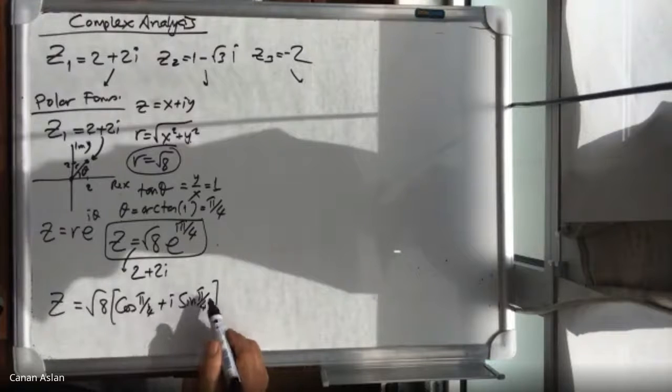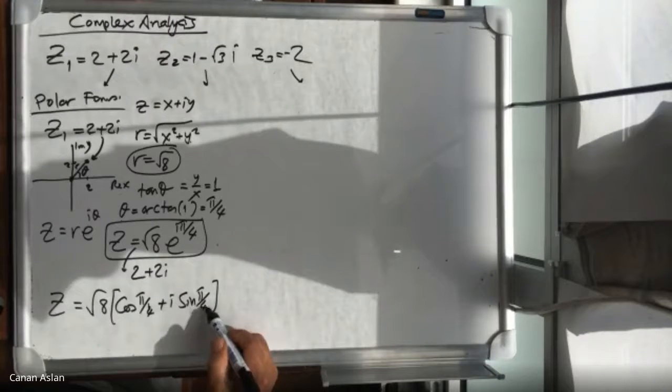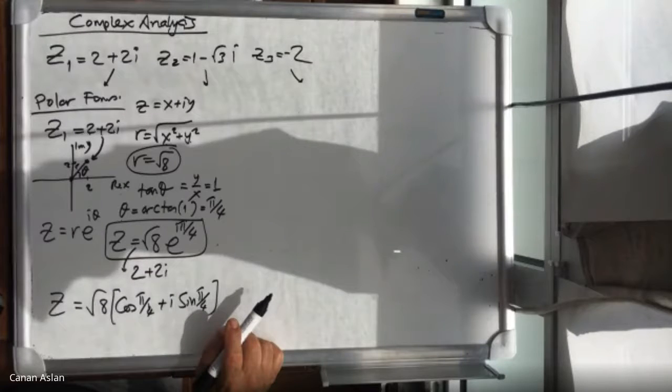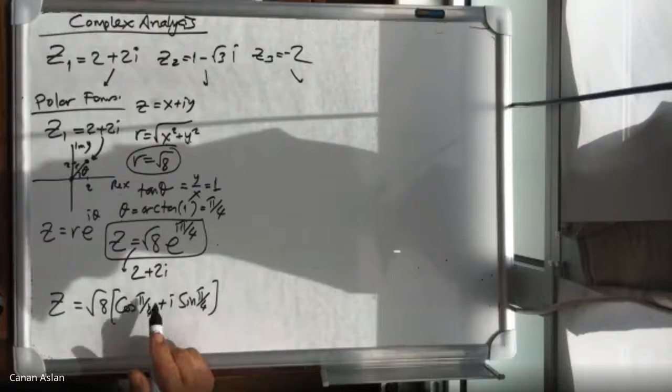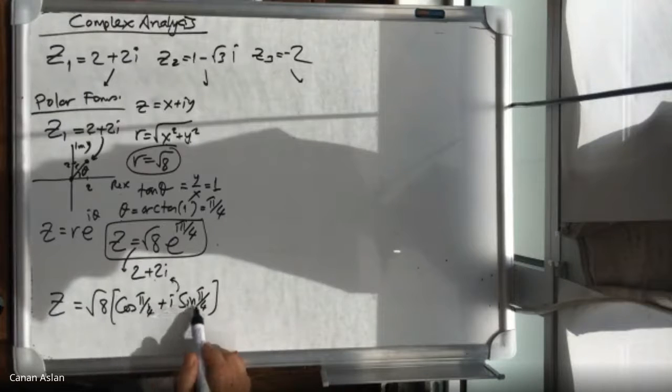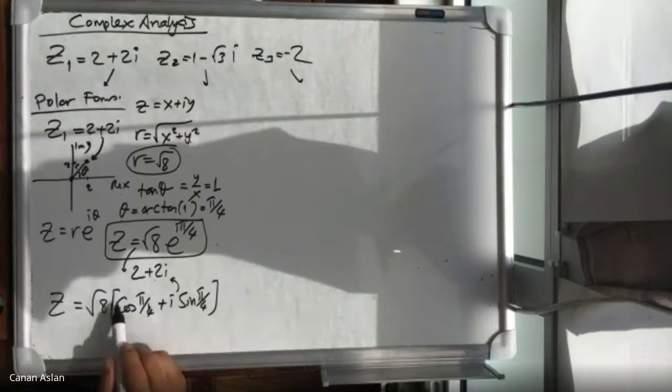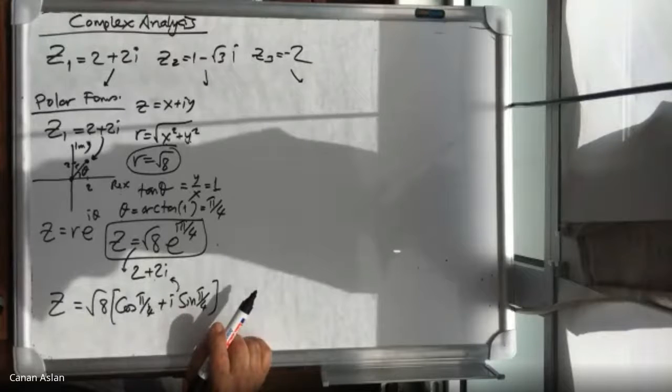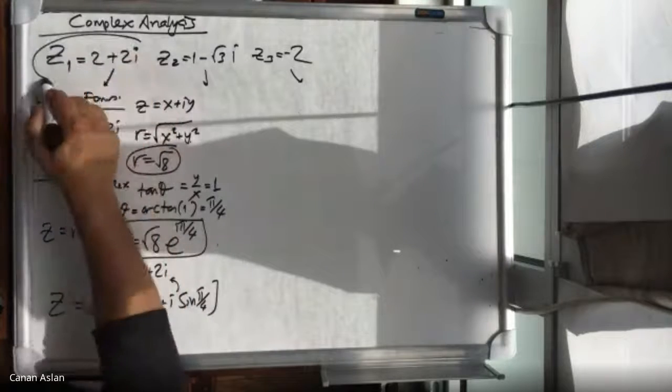Cosine of 45 degrees and sine of 45 degrees. You can get these values and insert them here, multiply by square root of 8, and you end up with exactly the same thing, 2 plus 2i. Very simple. So the first example is solved, and we have written it in polar form.